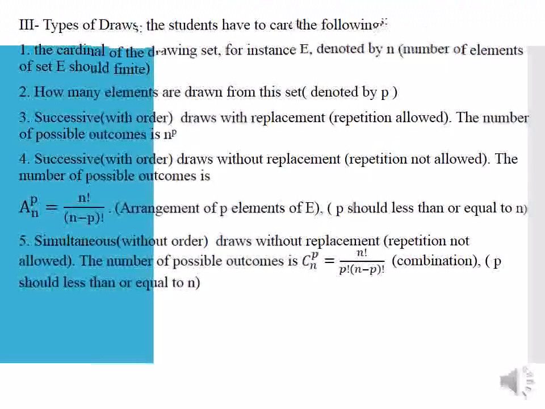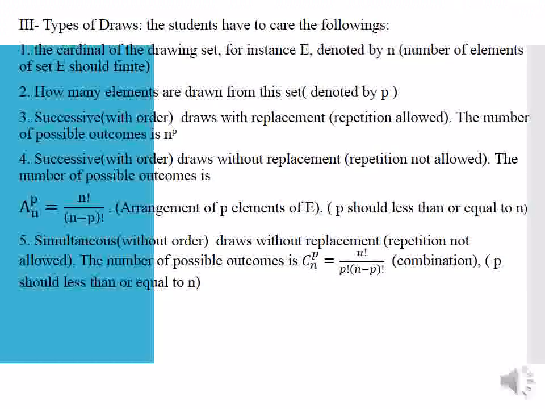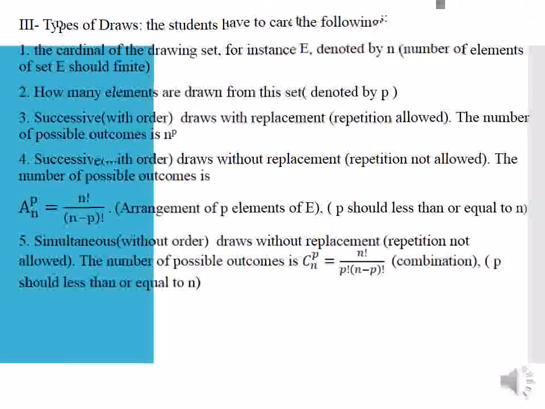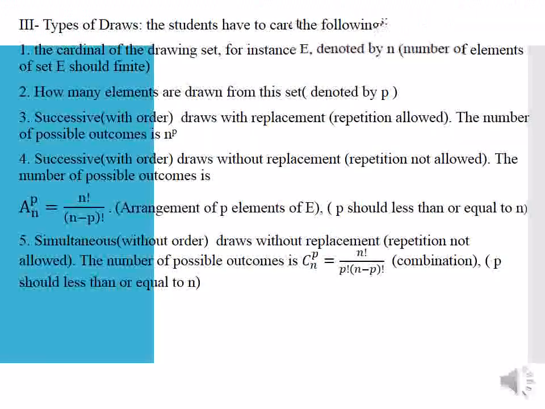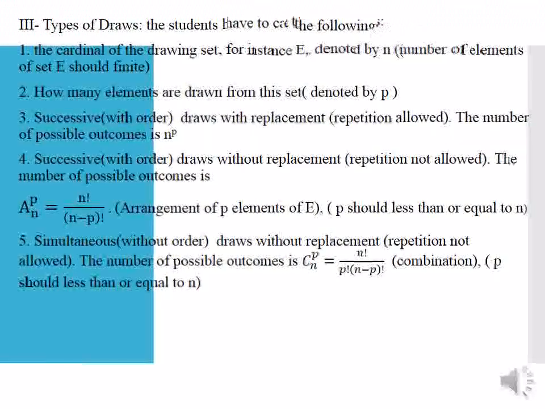Simultaneous means without order, any order, and the repetition is also not allowed. The number of possible outcomes is C(n,p), and we call it a combination. p also should be less than or equal to n. It is a combination of p elements of E.